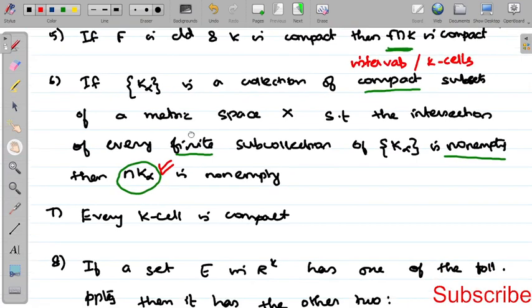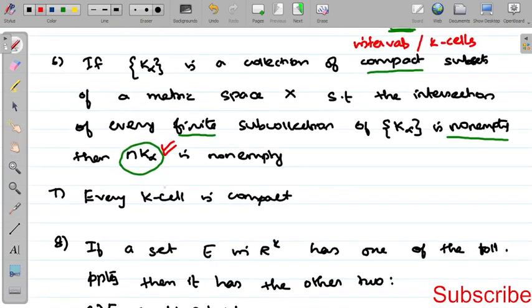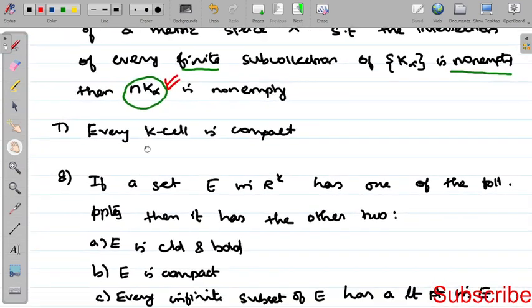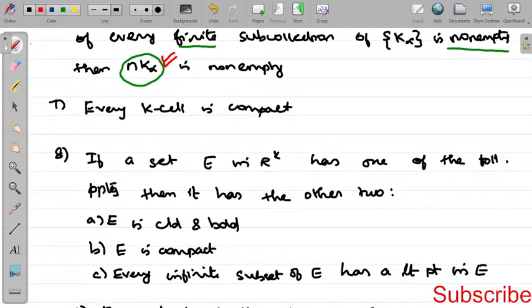Then the seventh one: every k-cell is compact. Eighth: if a set E in R^k has one of the following properties, then it has the other two. If E is closed and bounded, then E is compact. This is the Heine-Borel theorem.